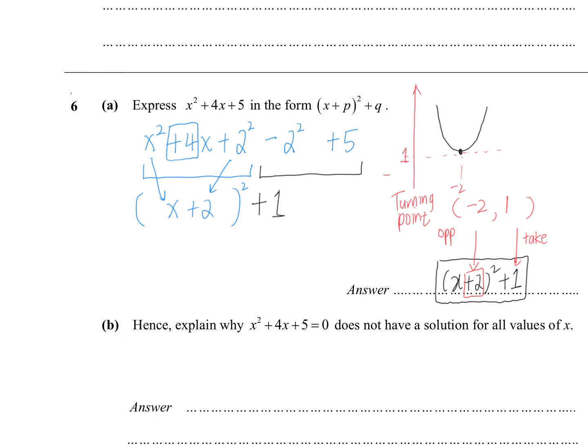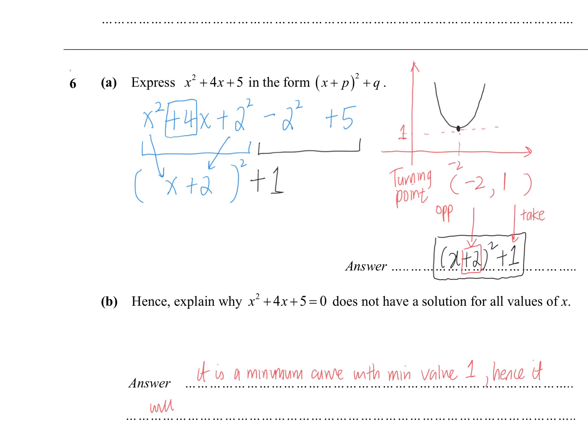So can your graph ever be equal to 0? No. This entire curve is a minimum curve with minimum value 1. Hence, it will never cut the x-axis, that is y equals 0.